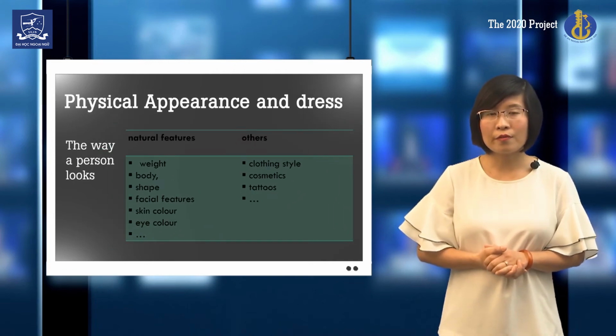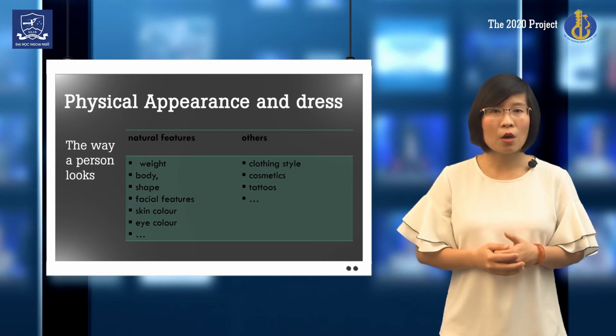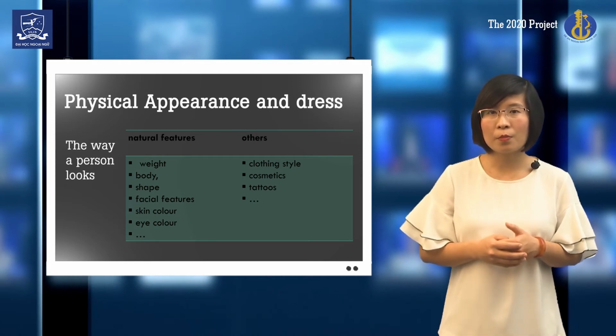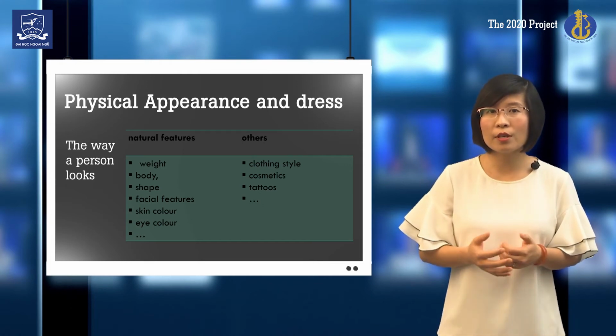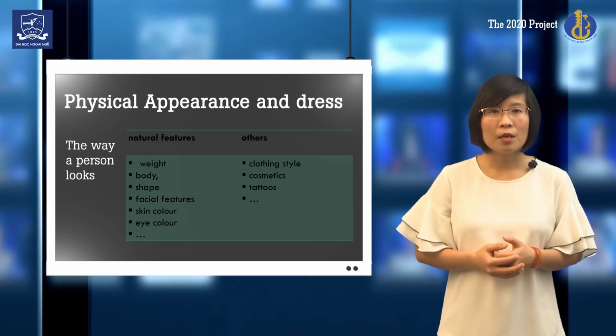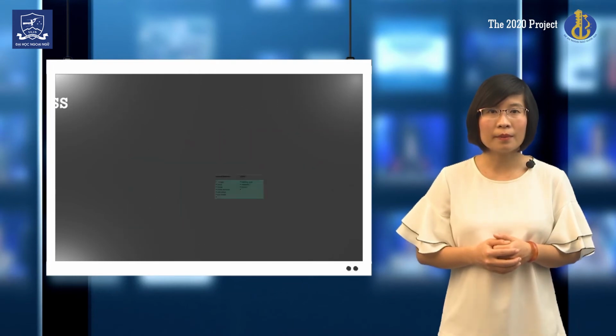Physical appearance refers to the way a person looks. The communicators' observation of each other's physical appearance often takes place first in interpersonal communication. People can wear a particular type of clothes to communicate culture, religion, status, power, personality, self-esteem, and social identity.